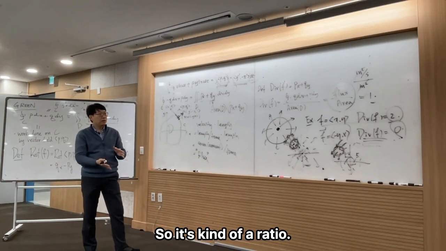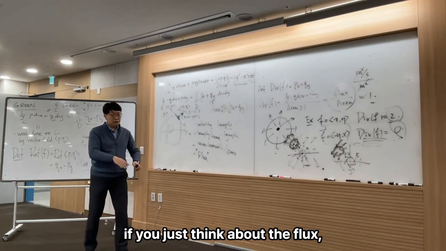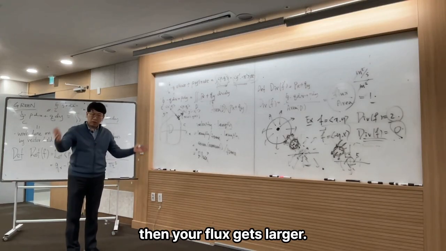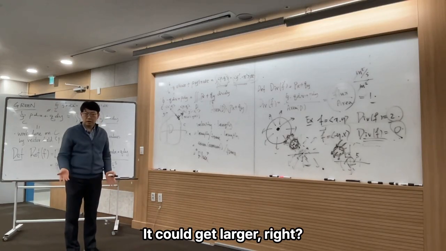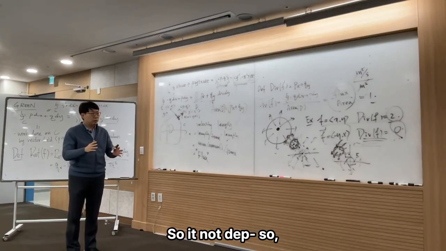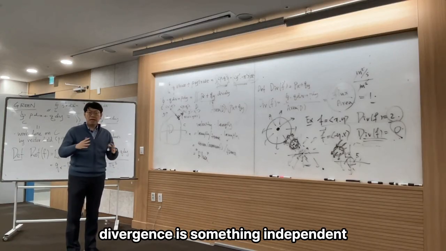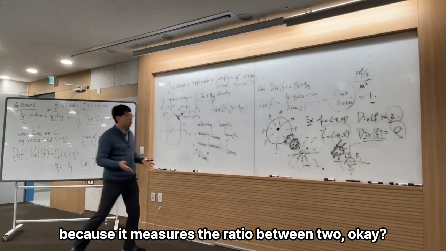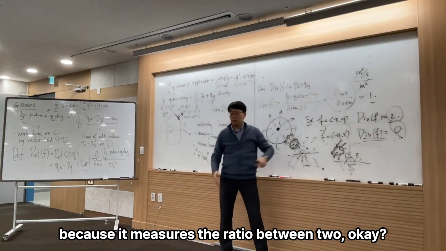So it's kind of a ratio. If you just think about the flux, if your area is larger, then your flux could get larger. So divergence is independent of the shape or area of the region, because it measures the ratio between the two.